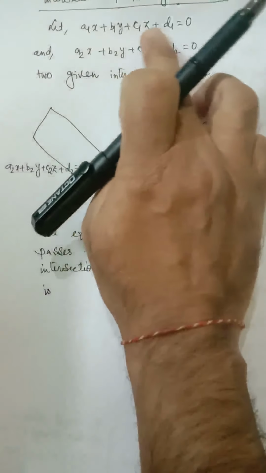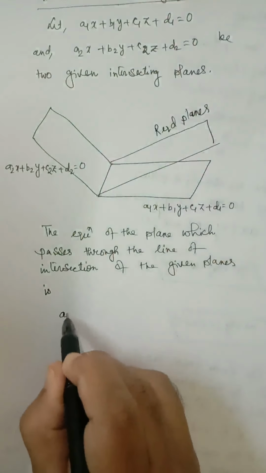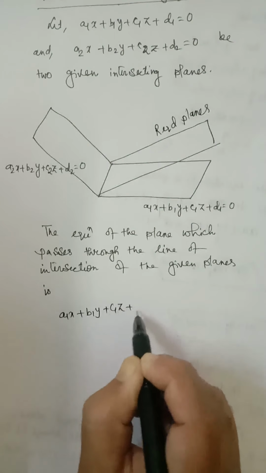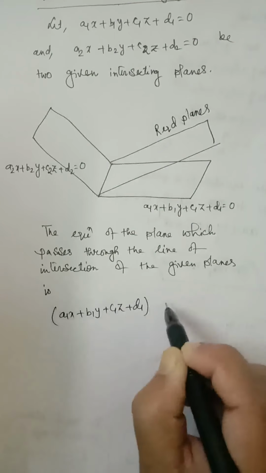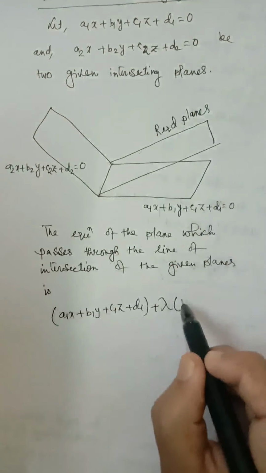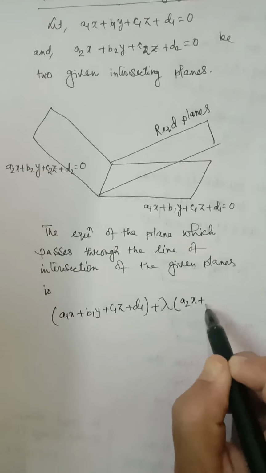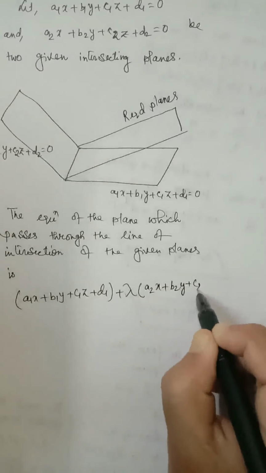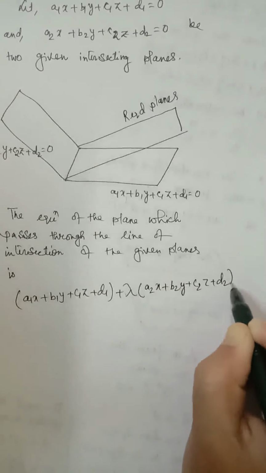this is the equation of the first plane. We'll write in this way: a1x plus b1y plus c1z plus d1 plus lambda into the equation of the second plane, a2x plus b2y plus c2z plus d2, equal to 0.